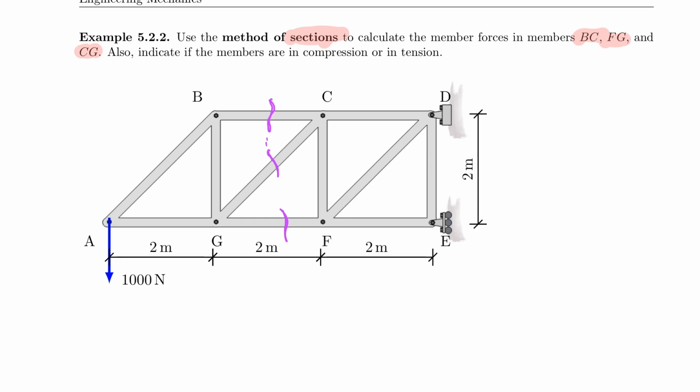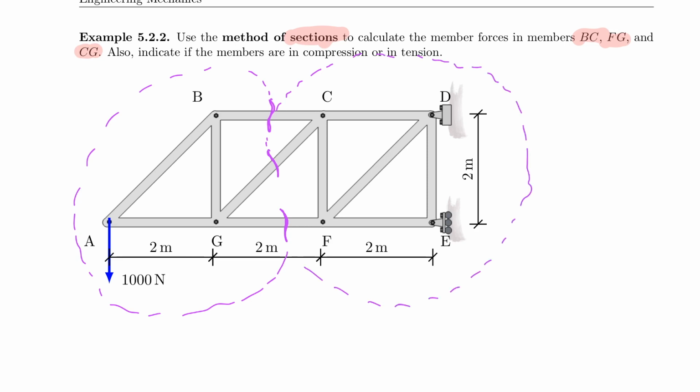And I have two choices now. I can just cut the left side, which is probably what I will choose to do, because look at it, it's a cantilever and I don't have to worry about support reactions that way. Or if I want to make my life complicated, I can also use the second cut here, but then I would have to calculate all my support reactions first. So I think that would be a waste of time for us.